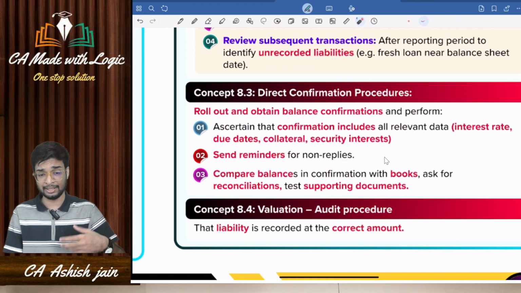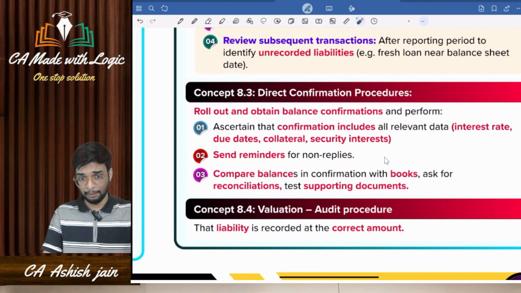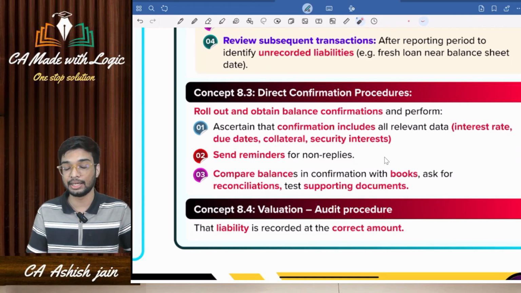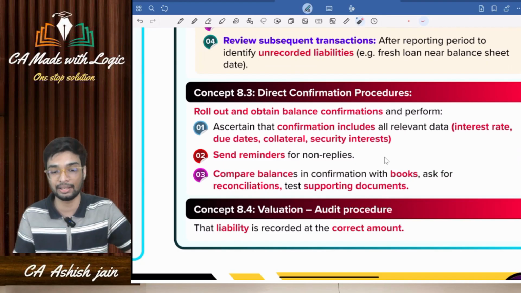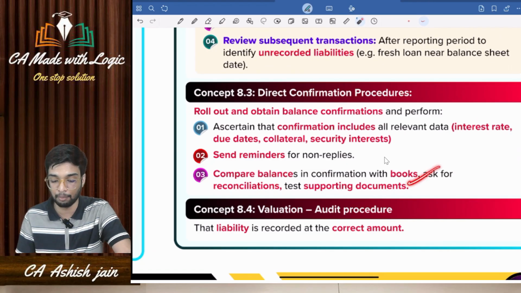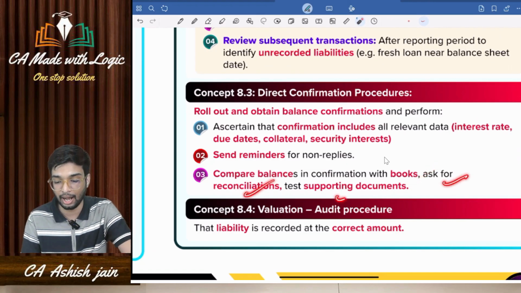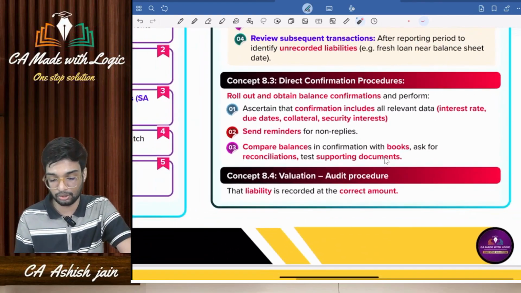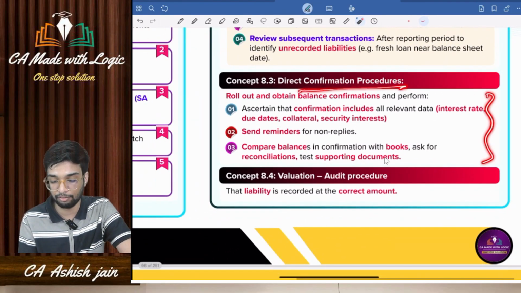Whenever there is a non-response from the bank or financial institution that has provided money to the company, he will send a reminder to those banks and financial institutions. Then he will compare the balances in the confirmation with the books, ask for the reconciliation, and ask for supporting documents. So these are the three points you have to remember related to the direct confirmation procedure.